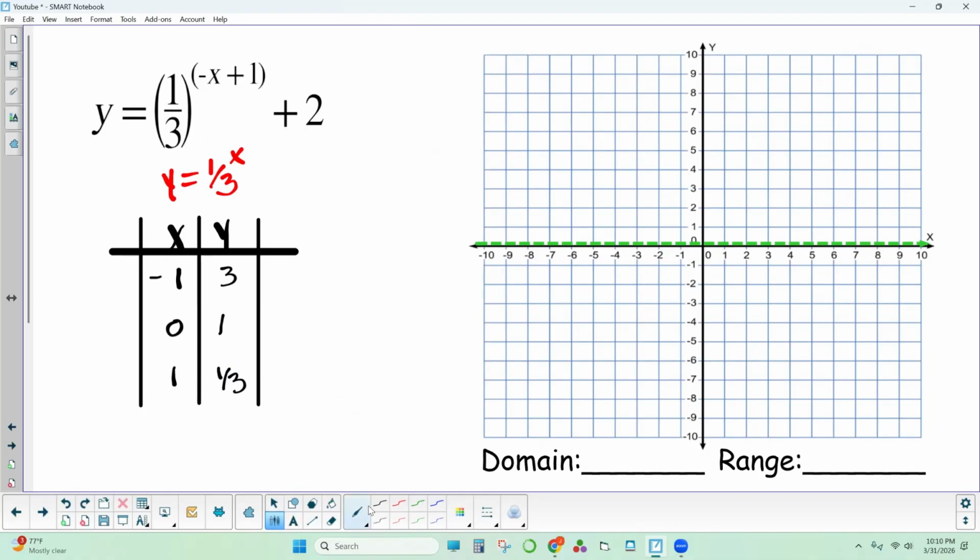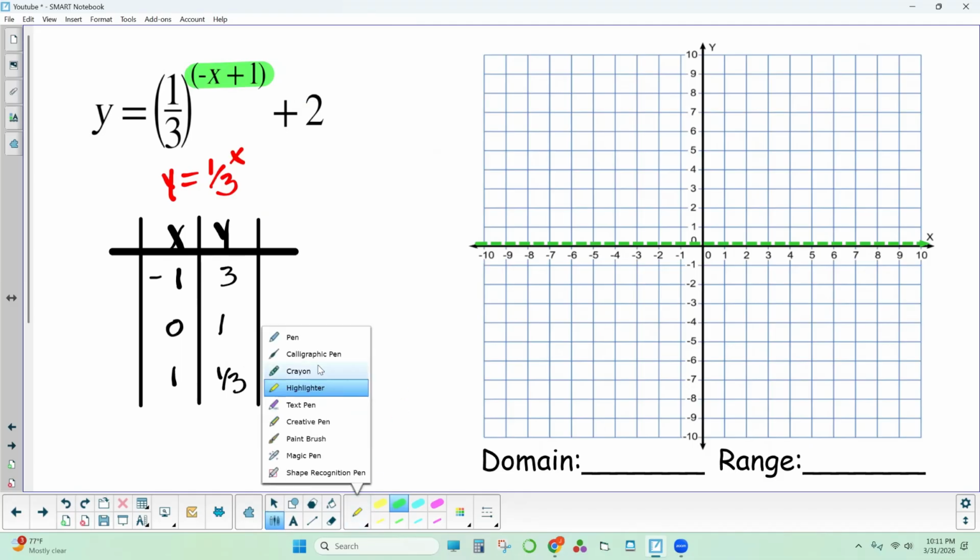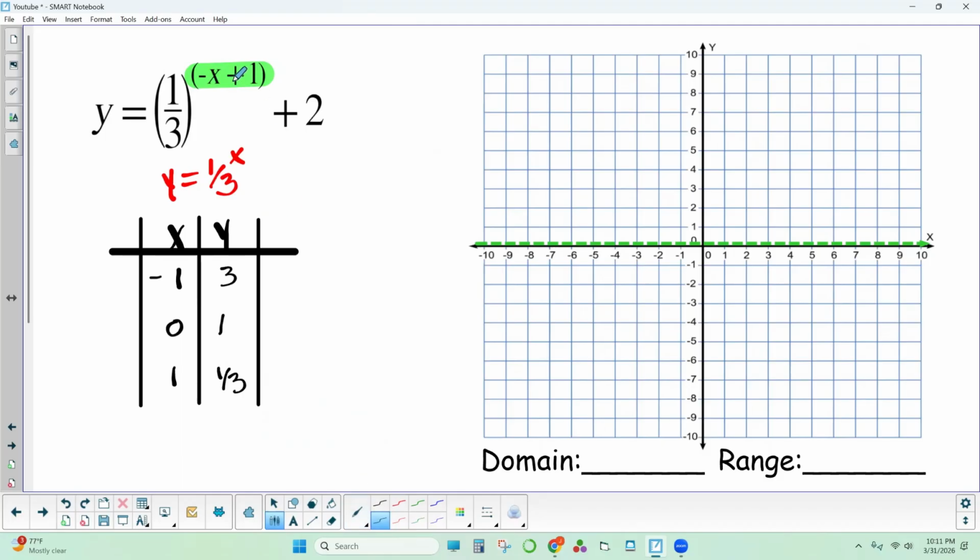All right, looking at the transformations, very important here. If you look up here, you will see if there is more than one term inside parentheses and the coefficient of x is not 1, we need to factor it out so we can clearly see the transformations. So I'm going to go ahead and do that right above here.